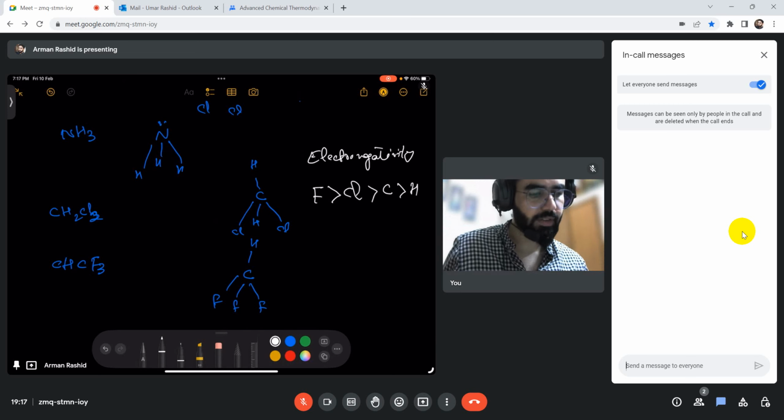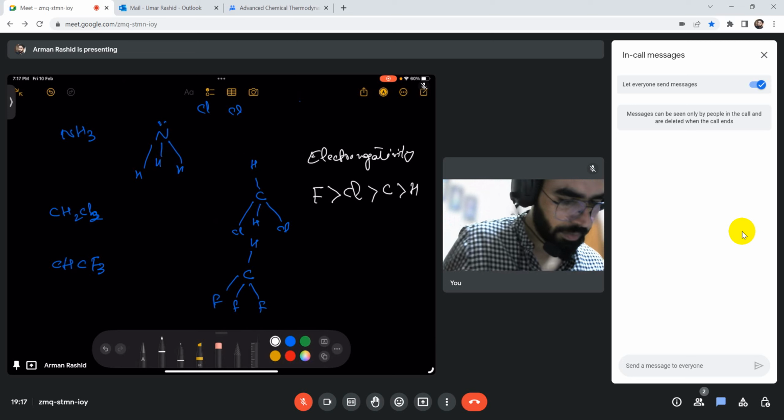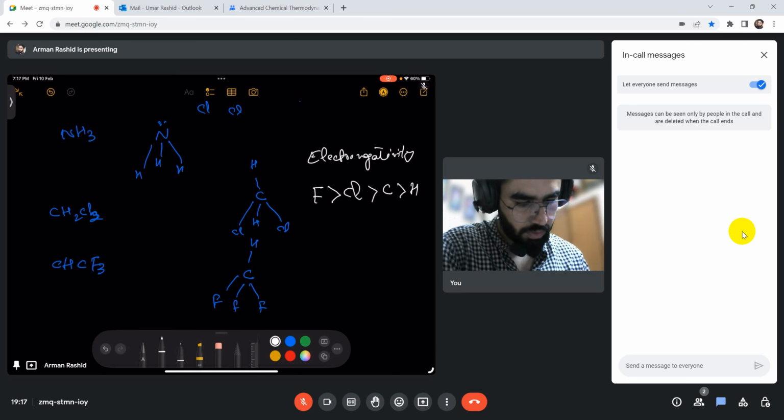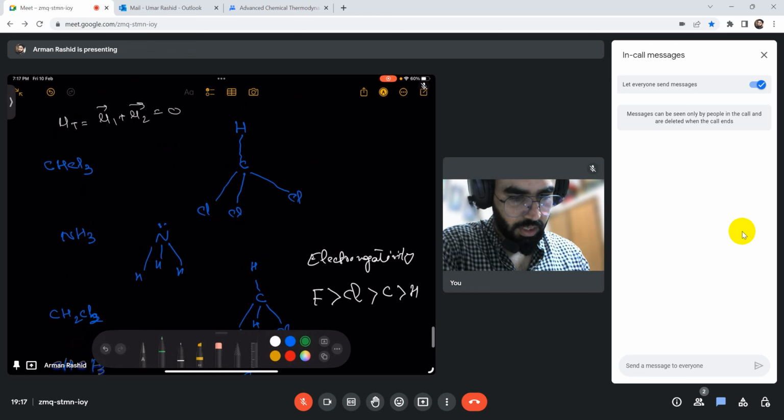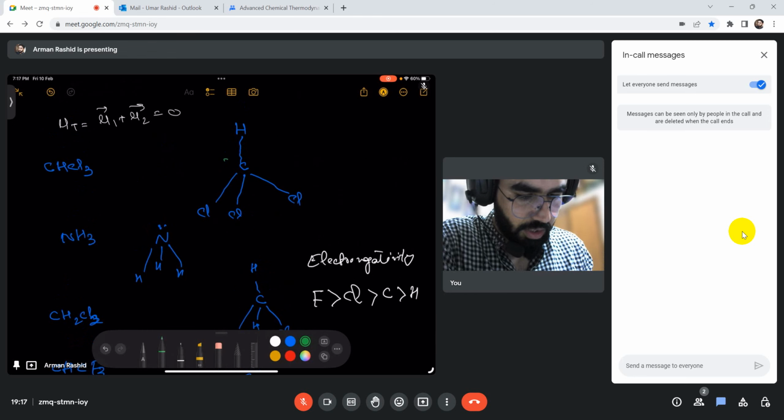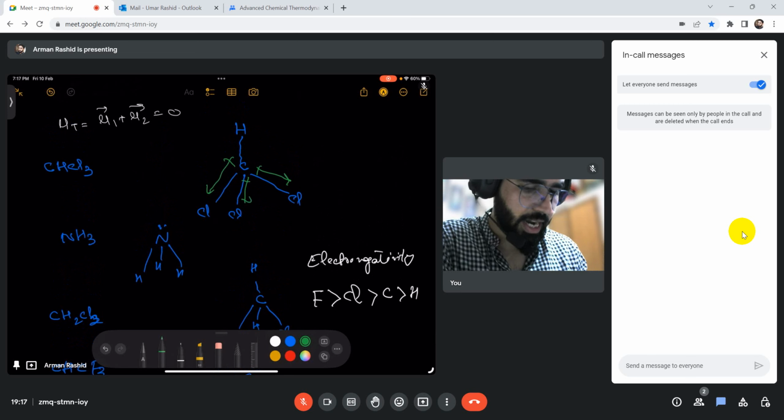As a result, you will have a negative charge on one side and a positive charge on the other. Now if we write here the dipole moment, it will be directed towards here, here, and here, so we will get a net dipole moment towards the middle axis like this. This is the net dipole moment.